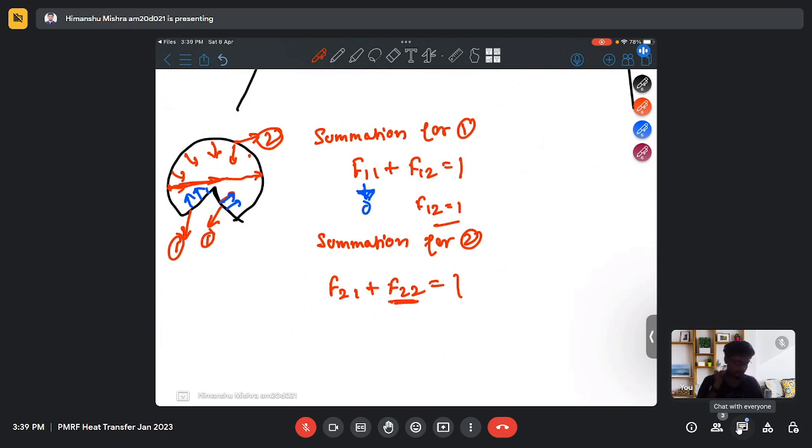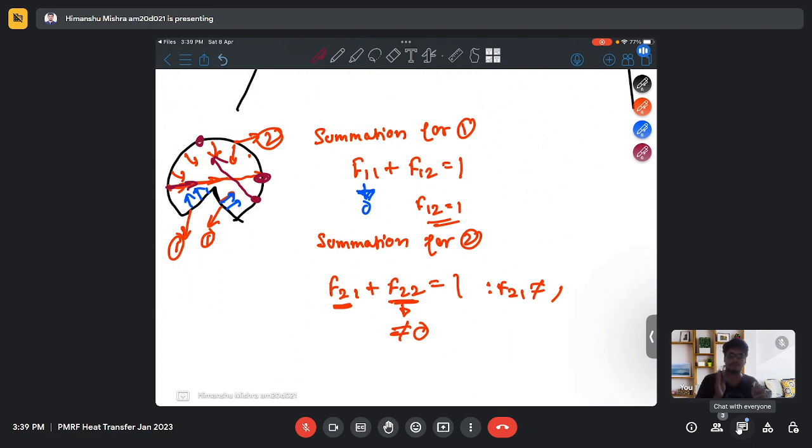Here F11 is 0, but this will not be 0. So F21 cannot be equal to 1, because the radiation coming from here will fall here. Similarly, the radiation emitted from here will fall here.